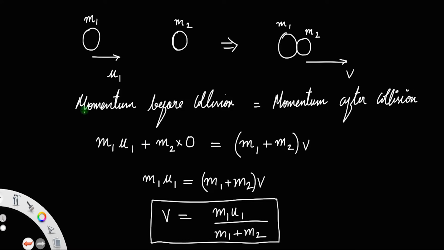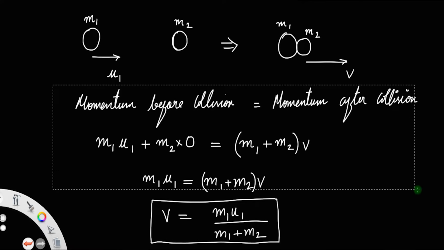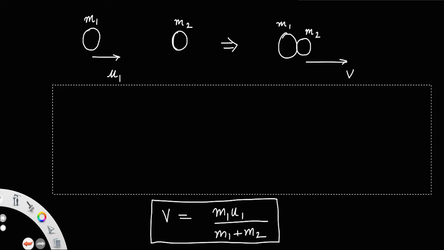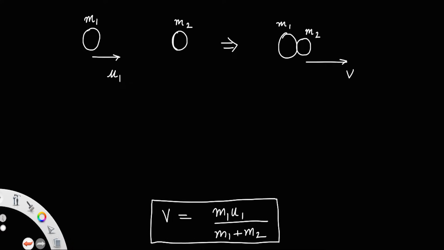So what happens to the kinetic energy? For a perfectly inelastic collision, the kinetic energy is not conserved. So we have to find separately the initial and final kinetic energies.